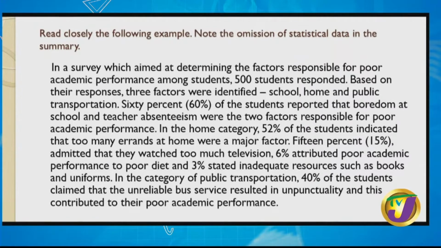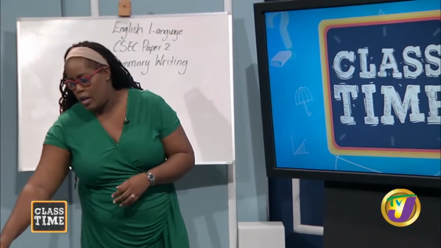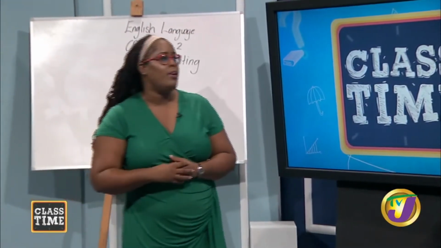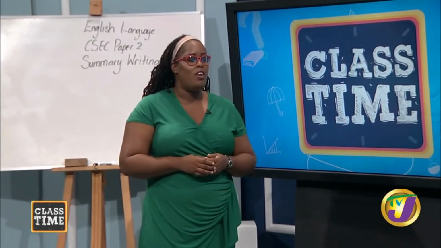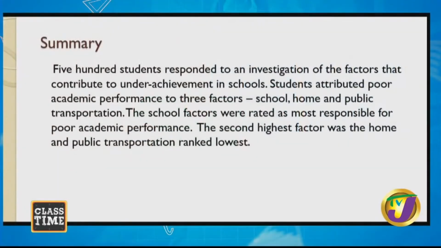In the category of public transportation, 40% of the students claimed that the unreliable bus service resulted in unpunctuality, and this contributed to their poor academic performance. All right, so we're going to be looking at how we went about deleting or omitting the statistical information. 500 students responded to an investigation of the factors that contribute to underachievement in schools.